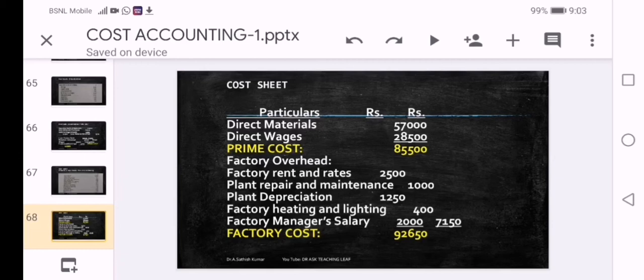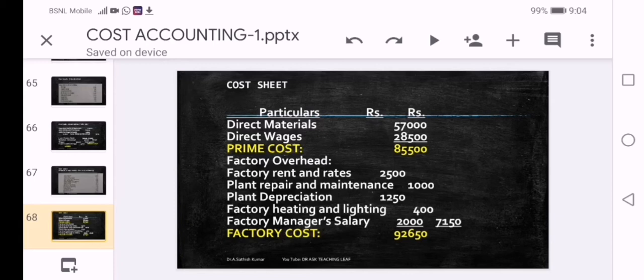So the first overhead to be covered is factory overhead. Factory rent and rates given in the problem 2,500. Plant repair and maintenance is given 1,000. Plant depreciation is given 1,250. Heating and lighting is given 400, and manager's salary from the office is given 2,000. Now you take all these total, which is equal to 7,150.